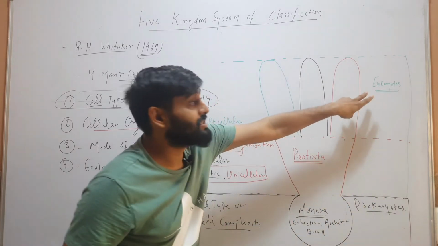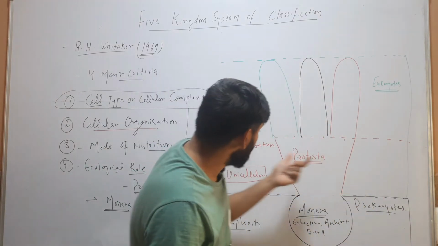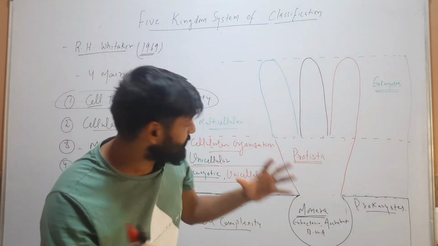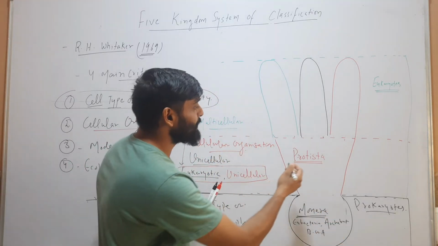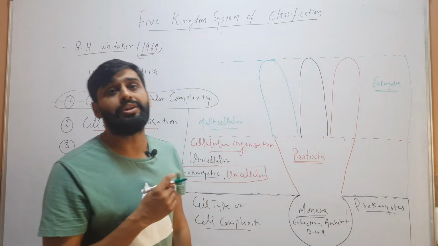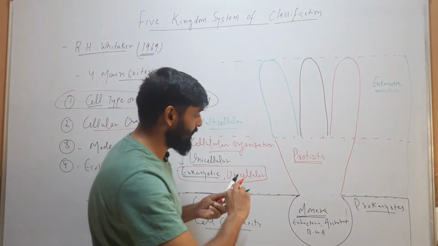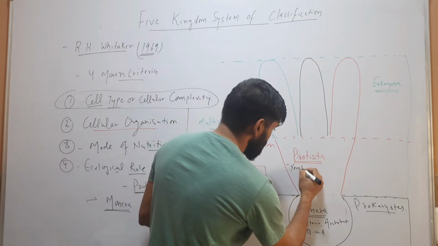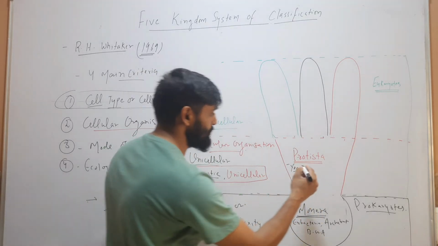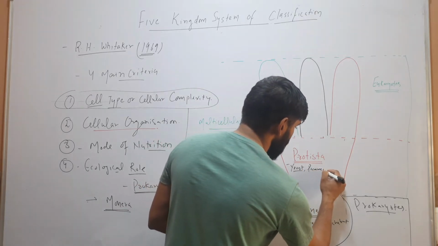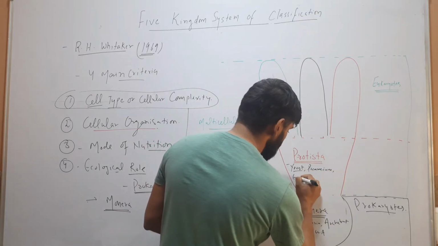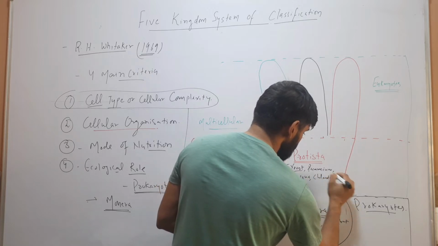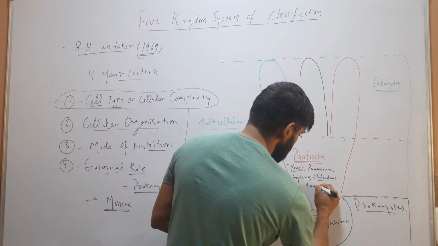So in eukaryotes, there are two types of organisms. Organisms which are unicellular and organisms which are multicellular. So all the organisms which are eukaryotic and unicellular were kept in a kingdom that is called protista. So this protista has organisms like yeast, all the unicellular eukaryotic organisms, paramecium, euglena, Chlamydomonas, amoeba.